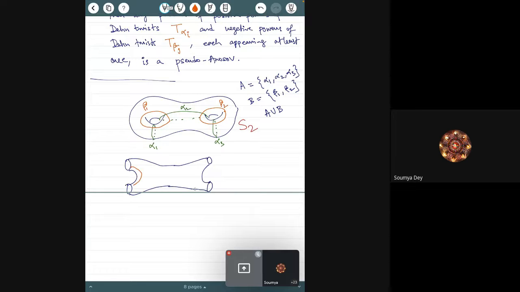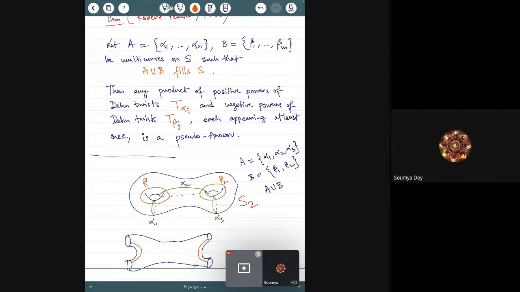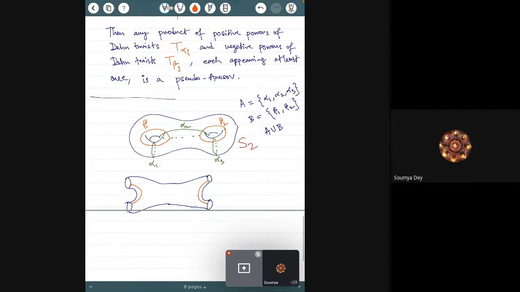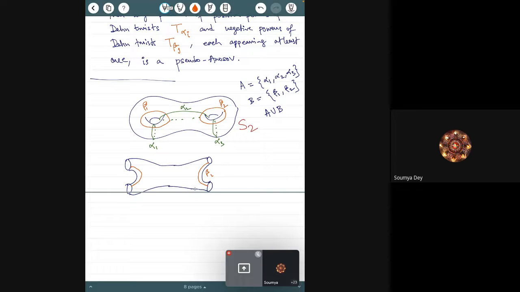Suppose this arc will be beta 1, and this will be our beta 2, right? Please correct me if I'm wrong. This is our beta 2, this is our beta 1, and alpha 2 is still there. Alpha 2 will be this.